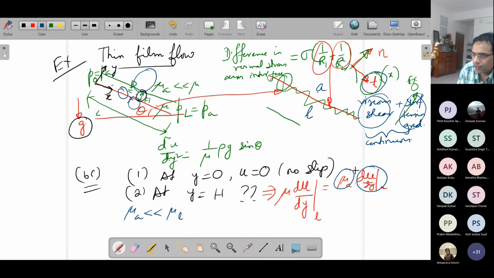And because left hand side is equal to right hand side, these are all small, small as compared to the counterparts on the left hand side. So that will lead to du dy equal to 0 at the liquid interface.